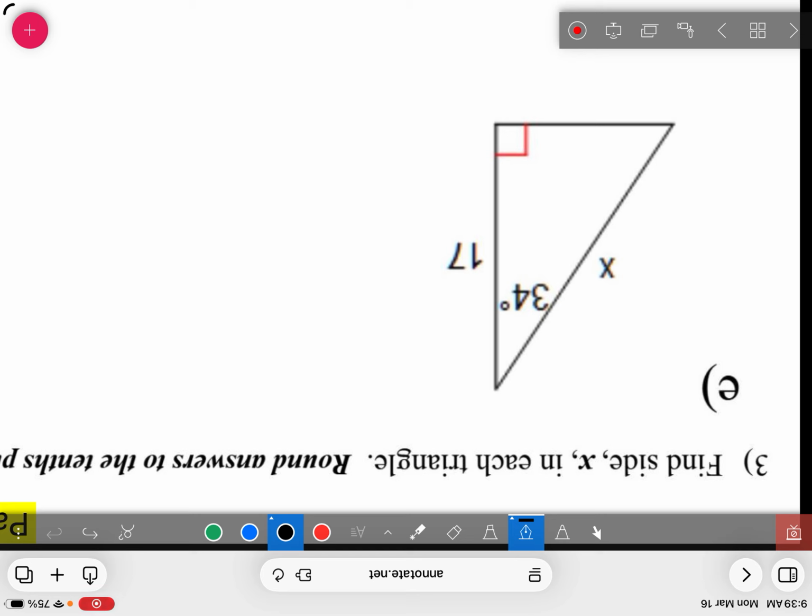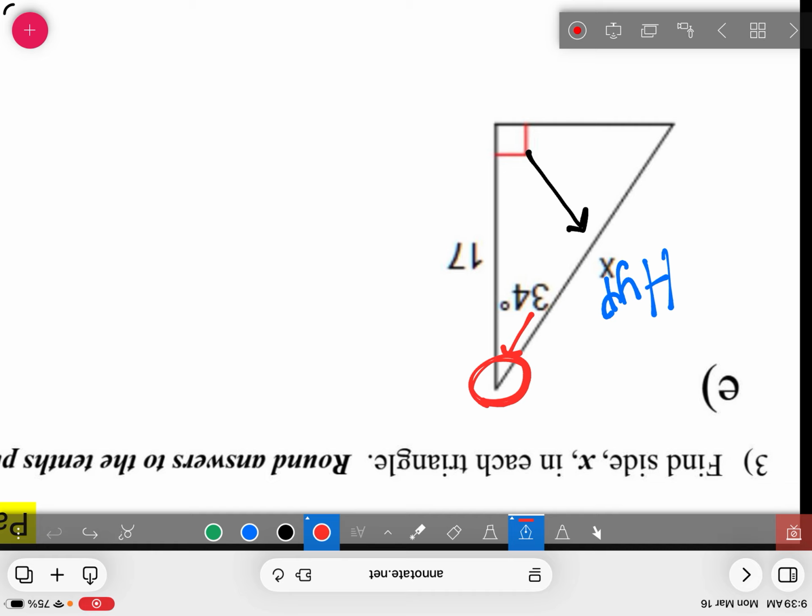First thing first. Figure out what side that arrow is pointing to. It's pointing to X, which means that is my hypotenuse. So I'm really just concerned with this side right here. That 34-degree angle is really in this corner.